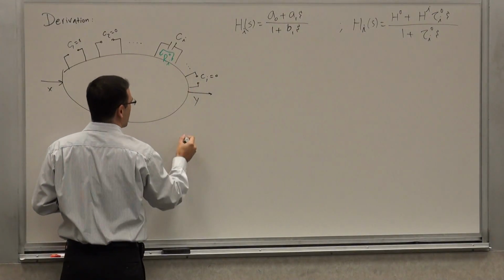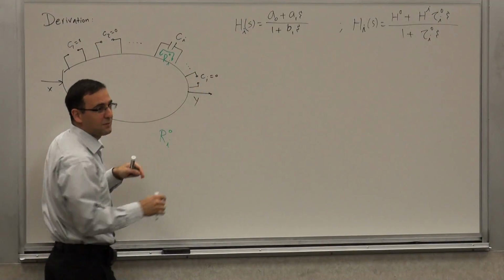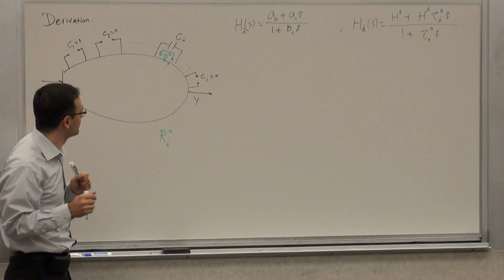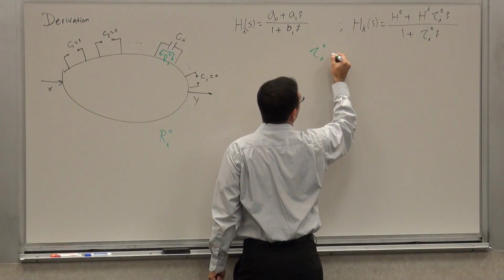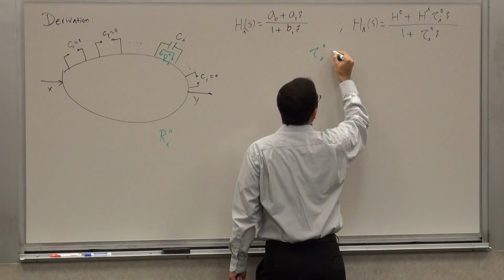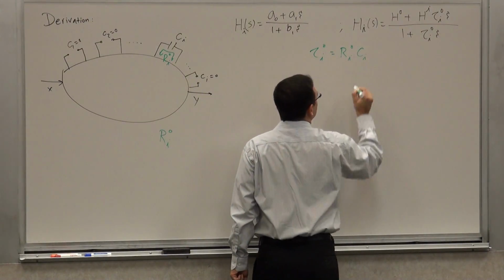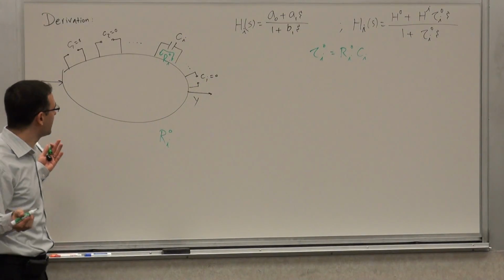So it's Ri0 because by definition it's the resistance seen by this port when all the other elements are in zero value, right? So I know that tau i0 is going to be Ri0 Ci. I know that from the first order system derivation.